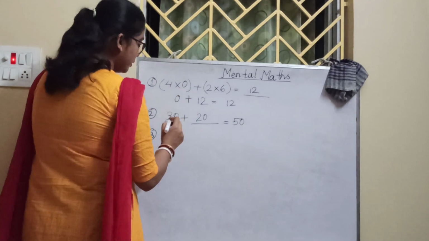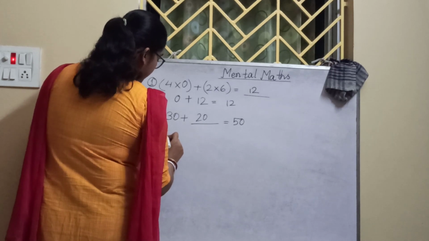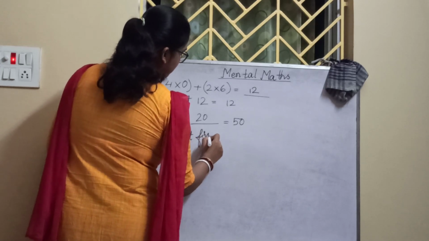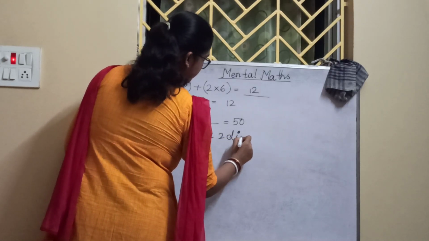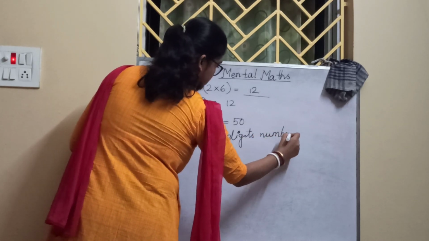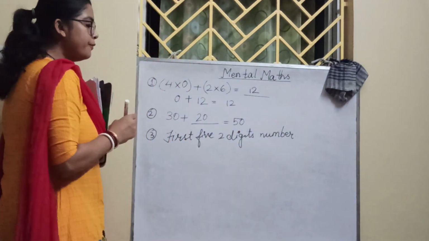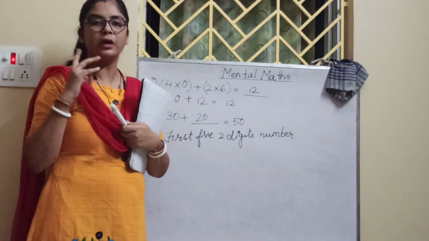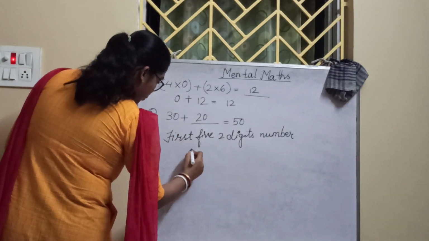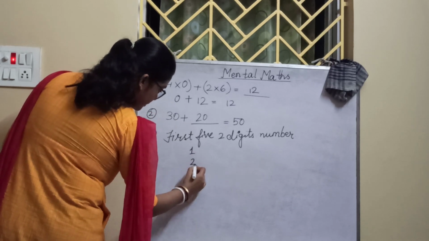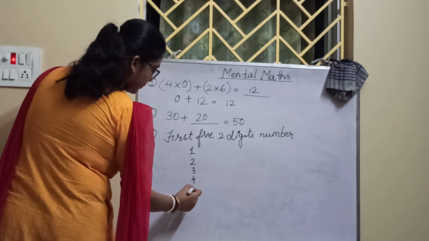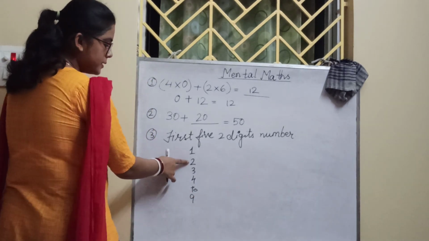One question I have given you: write first 5 two-digit numbers. Here you first have to understand which are the 1-digit numbers and which are the 2-digit numbers. From 1 to 9, that is 1, 2, 3, 4 up to 9, we have single digits.